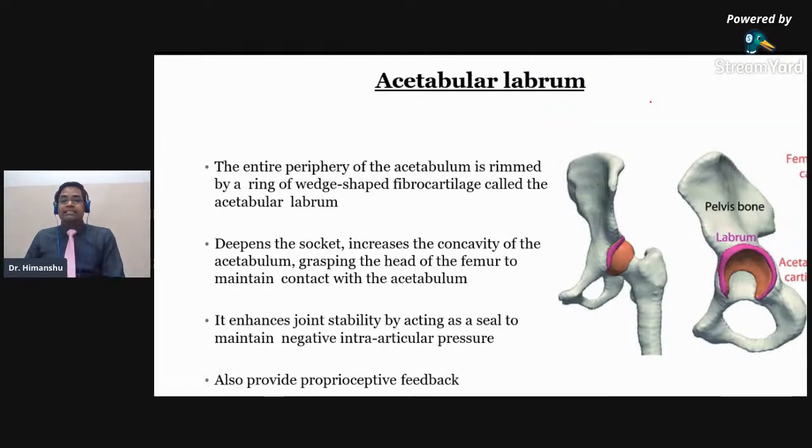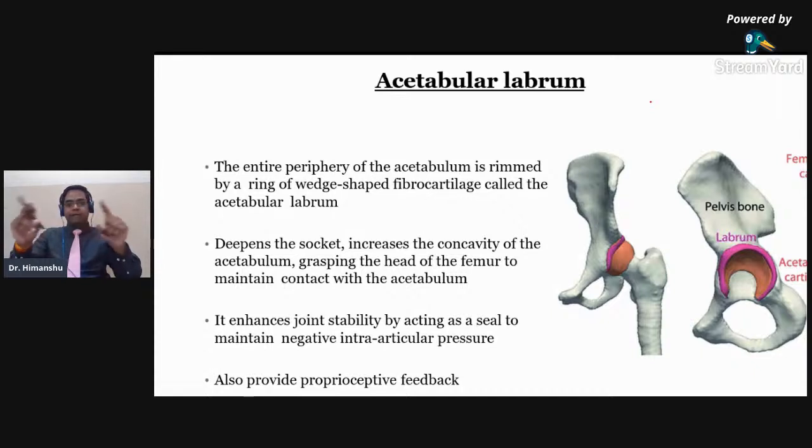Moving ahead, the acetabular labrum is another soft tissue which is very important with respect to hip joint biomechanics. The entire periphery of the acetabulum is a rim, a boundary, and the labrum covers it.